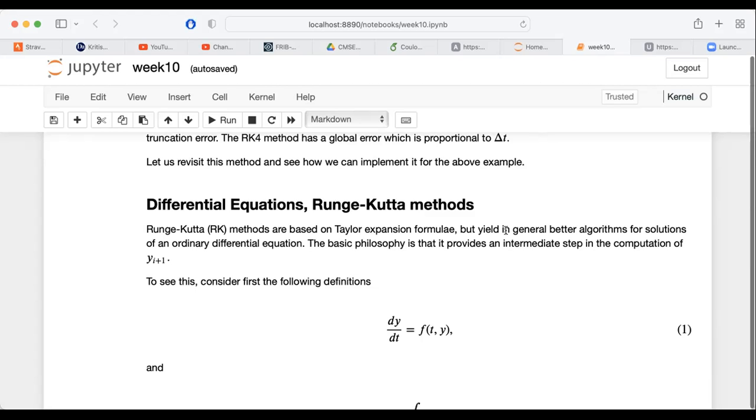Now, there are powerful methods which have a very good mathematical approximation in terms of the time step, which are called the Runge-Kutta methods. Have you guys heard of these methods? There's a whole family of methods, and they deal with the way you approximate an integral when you want to solve a differential equation. So let's look at some of the details without going too much into the details.